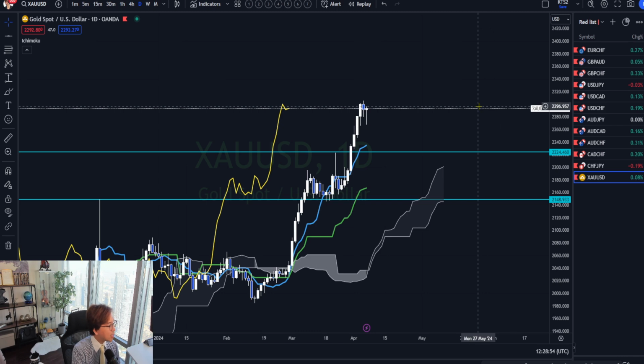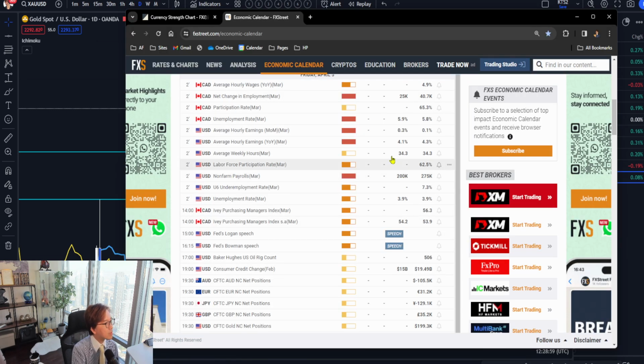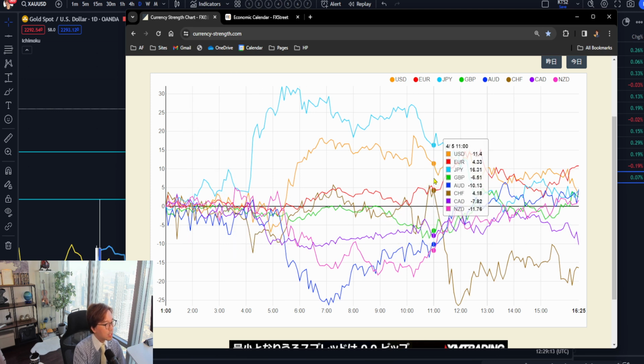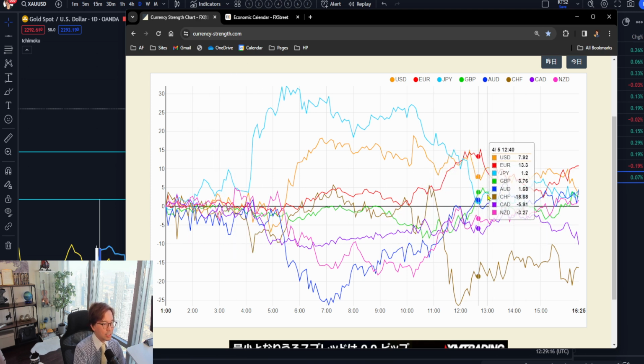So let's see. Now the news is going to happen in 2 minutes. Let's wait. Now it's only 1 minute. And when the news happens, what I also check is the currency strength chart. So this strength chart is telling you the strength of each currency. It refreshes every 5 minutes.